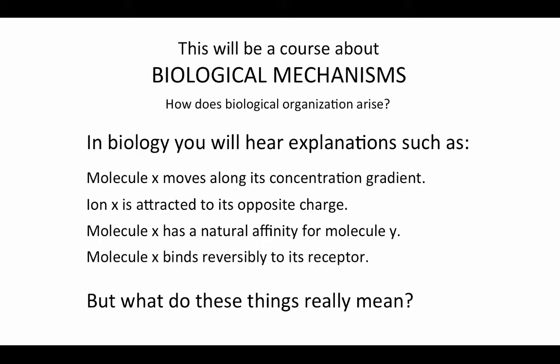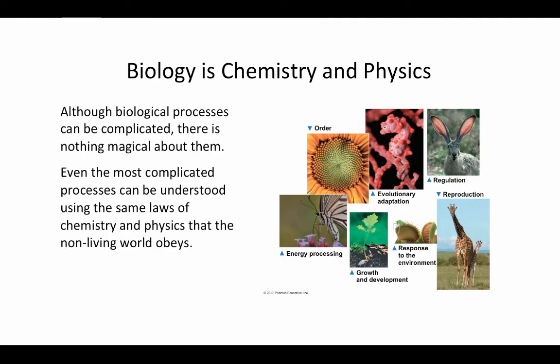And the one thing I really want to emphasize is that biology really is just chemistry and physics working under some special circumstances. So biological processes can be incredibly complicated. Think back to that developmental sequence I showed you on the first day of class of the frog development, all of these cells arranging themselves. It can look really mysterious.